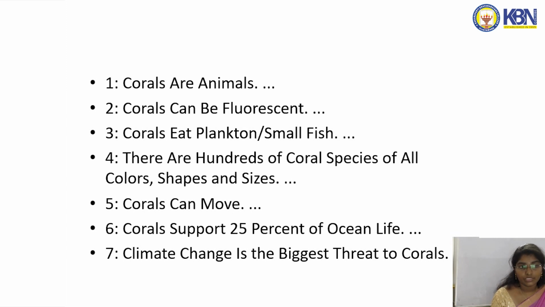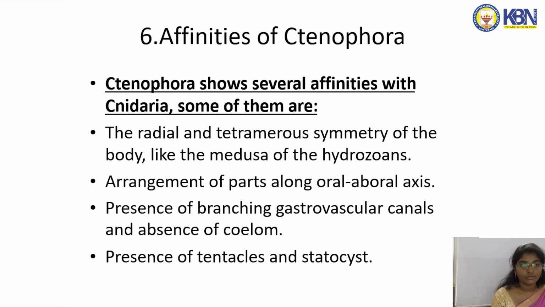Corals are animals. Corals can be fluorescent. Corals eat plankton or small fish. There are hundreds of coral species of all colors, shapes and sizes. Corals can move. Corals support 25% of ocean life. Climate change is the biggest threat to corals.